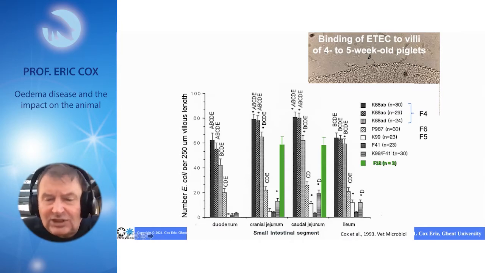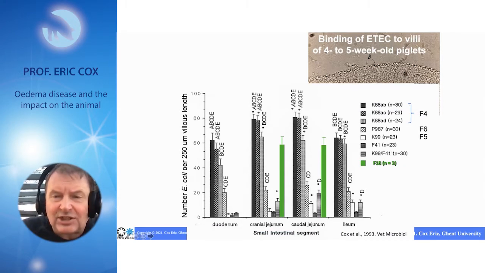So this is a quite old slide, 1993. And in that slide, we compared different Fimbria: K88, that was the old name, which is now F4, and then P987, which is F6, K99, which is F5, then the F41, and the F18, which was only discovered later in piglets. And you see that the ones that are pathogenic in weaned piglets, F4 and F18, show adhesion of at least 50 to 60 bacteria per 250 micrometer villus length.